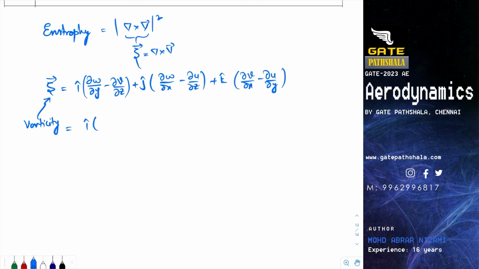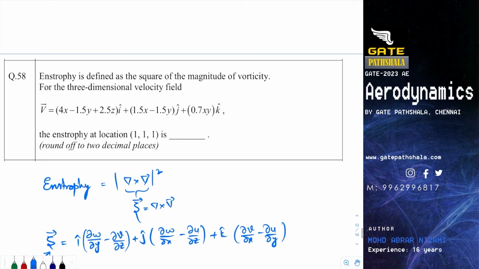So for the I cap component we'll be getting 0.7x, since u, v, w are the components of the velocity in x, y, z direction respectively.